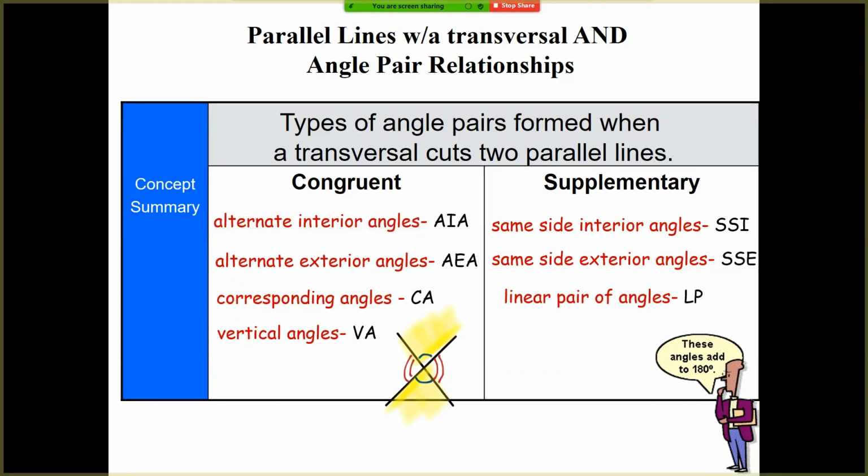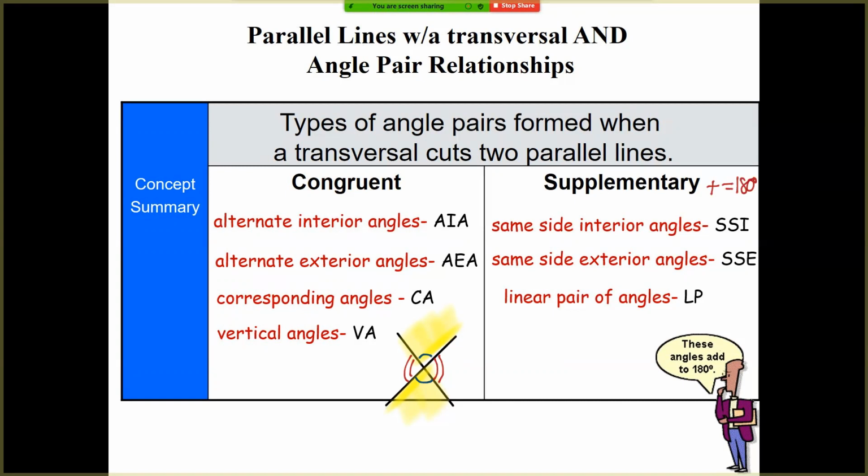And then supplementary means they add to equal 180 degrees. So same side interior angles, same side exterior angles, and linear pairs all add to give you 180 degrees.